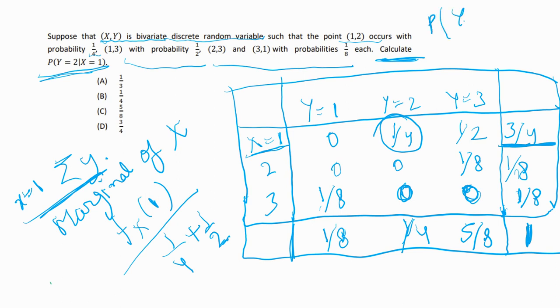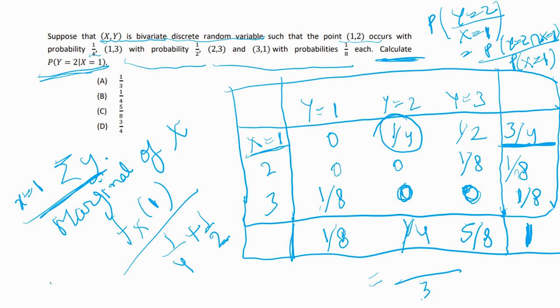So y is equal to 2 given x is equal to 1 will be nothing but y is equal to 2 intersection x is equal to 1 divided by x is equal to 1. Okay. So below we have x is equal to 1 as 3 by 4, and above y is equal to 2 intersection x is equal to 1 will be 1 by 4. So overall it will be 1 by 3, so A will be this. Any questions, any confusion?